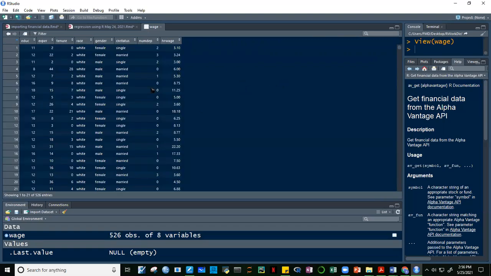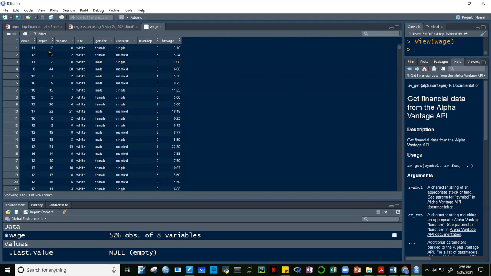So our data set consists of 8 variables of 526 observations. This is actual data, US data to. I just forget kung anong year to, 1980s yata to no? Sorry, nakalimutan ko. And then these are the variables. Education referred to the number of years a person has.